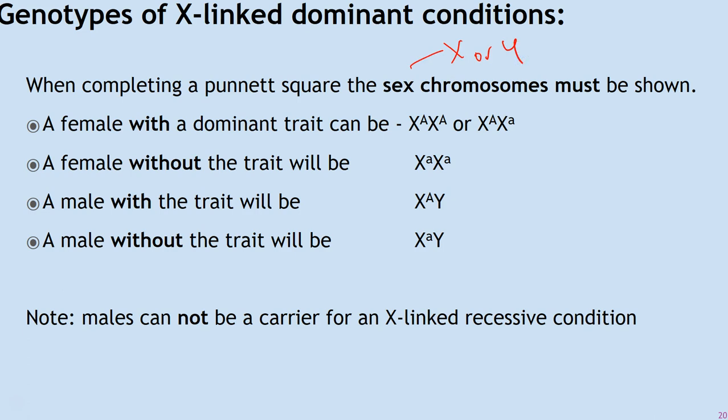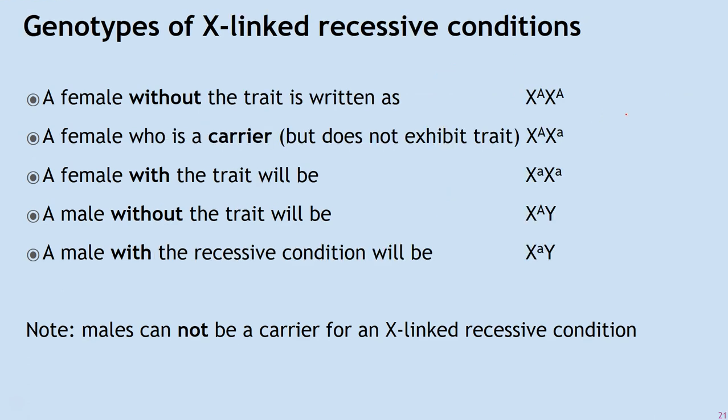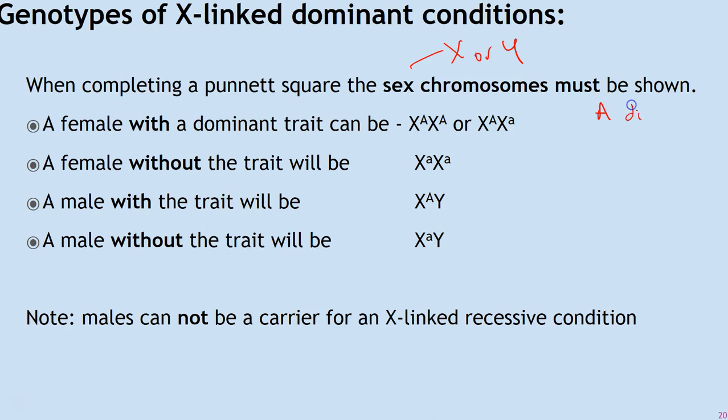Okay, so we use the same structure as what we have before. A capital letter is going to be a dominant trait, and a lowercase letter is going to be a recessive trait. Okay, so in this case, females can have 2 possible combinations.